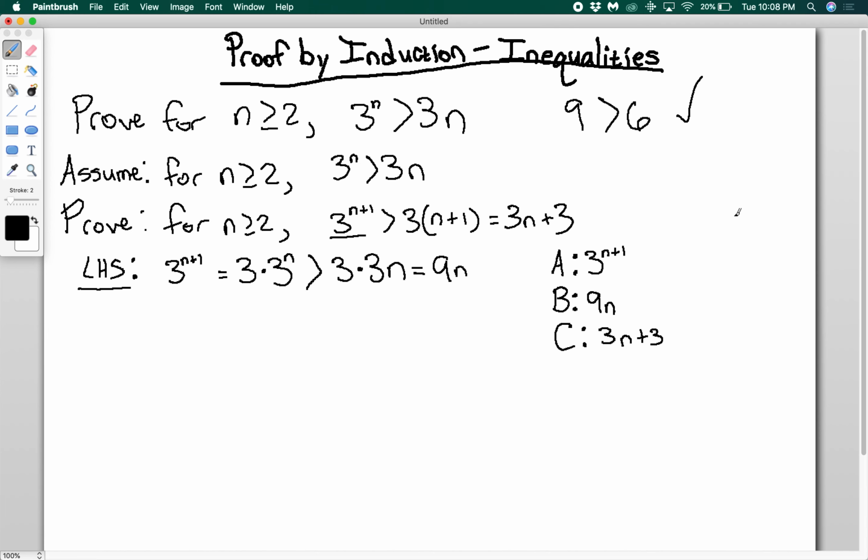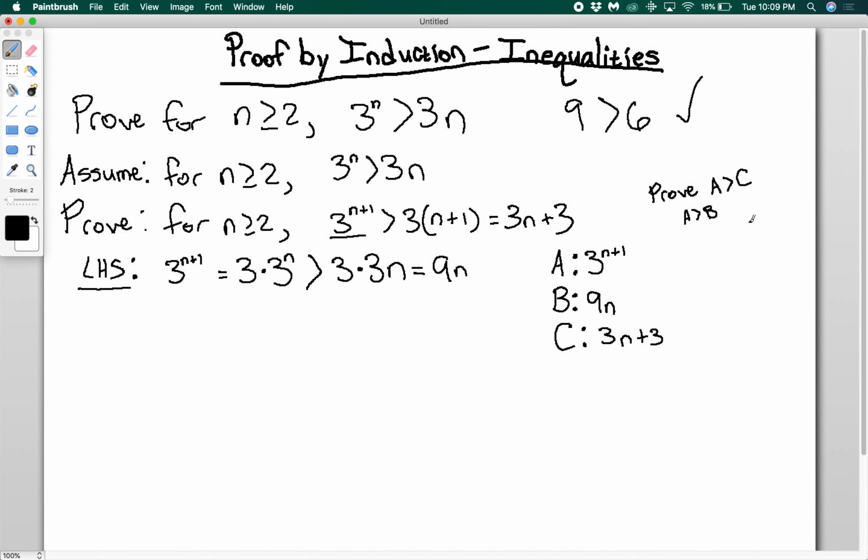What I'm showing here, right, is I want to prove that quantity A is greater than quantity C, right? Now I know, given my assumption, that A is greater than B.